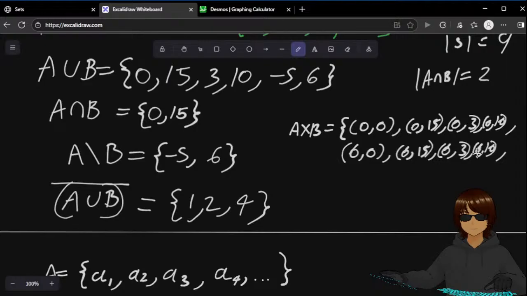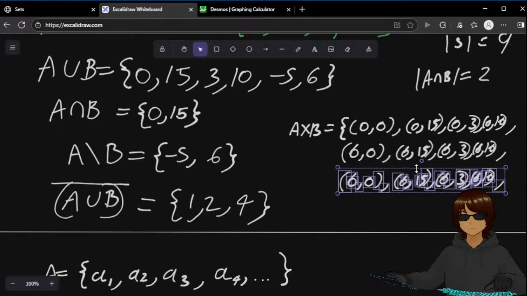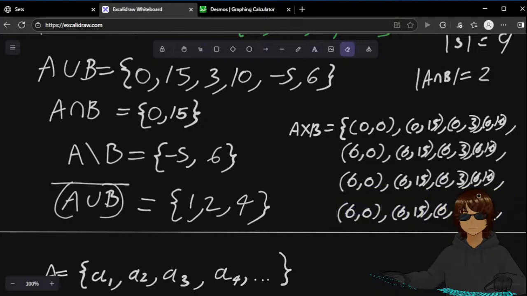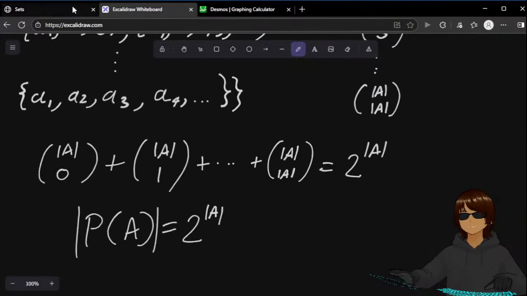Then minus 5 and 15: (minus 5, minus 5), (minus 5, 15), (15, minus 5), (15, 15). So this is the A Cartesian product B.